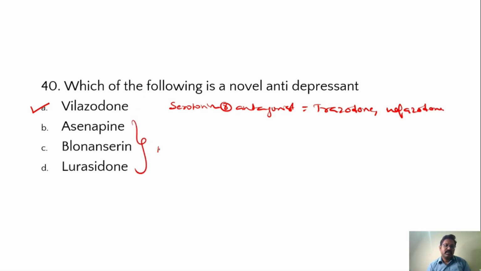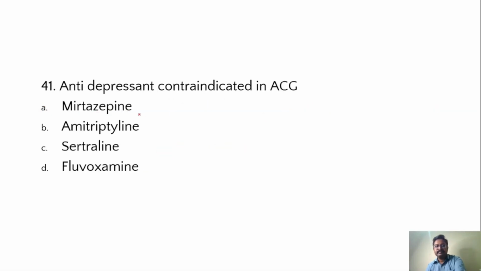So these are the antipsychotics. Asenapine is an atypical antipsychotic. So here the answer is novel antidepressant is the vilazodone.